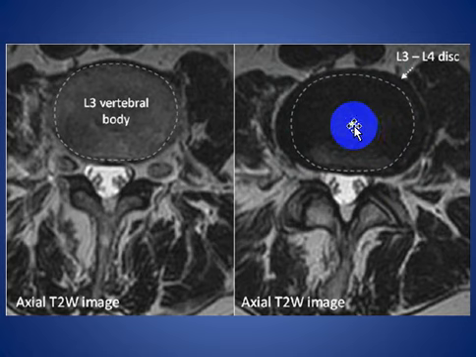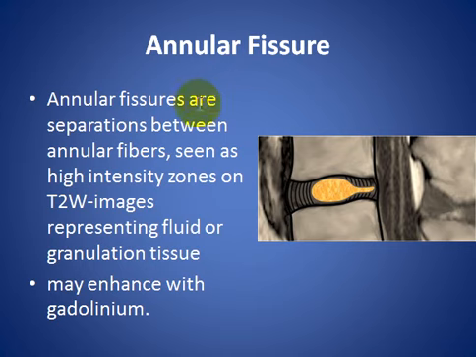And we see here there is loss of signal intensity of the nucleus pulposus, which should be hyperintense, and it is hypointense due to degeneration. Annular fissure is separation between the annular fibers and seen as high signal intensity on T2 weighted images representing fluid or granulation tissue, and this may enhance with gadolinium.